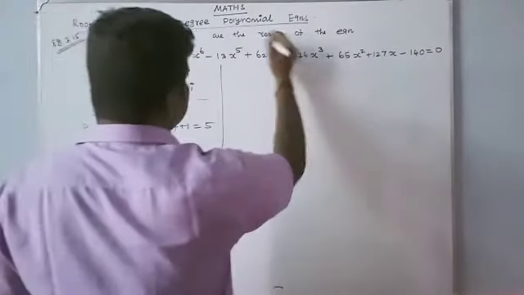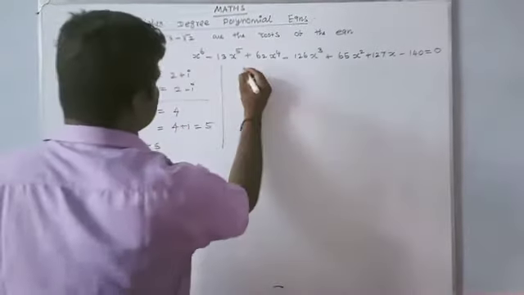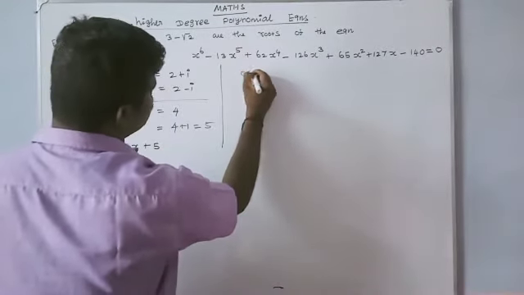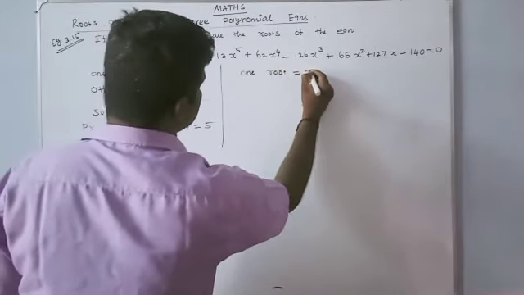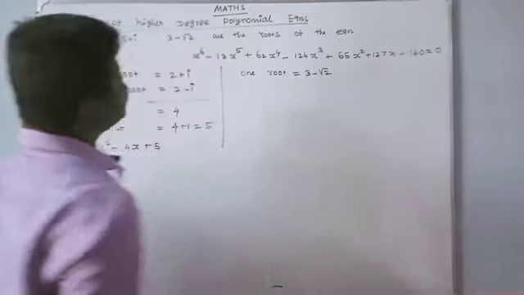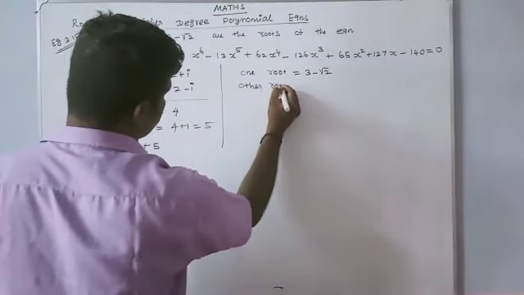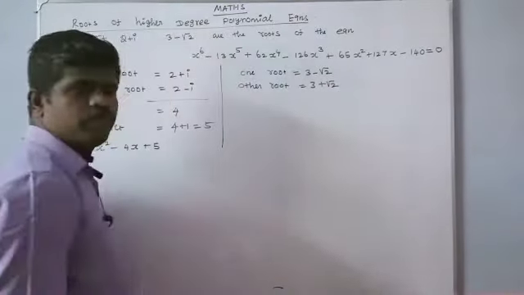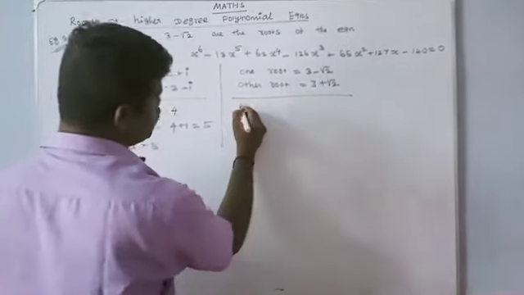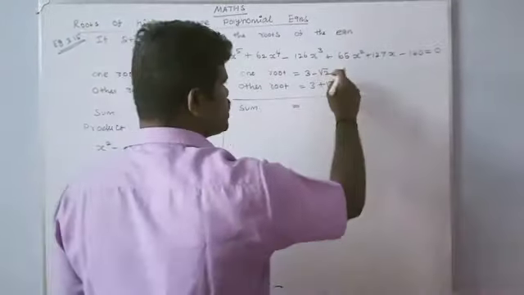And another root pair is there. The previous one was the complex root; this is the irrational root. One root is 3 minus root 2 and the other root is 3 plus root 2. Sum of the roots is 6, cancelling the two terms.